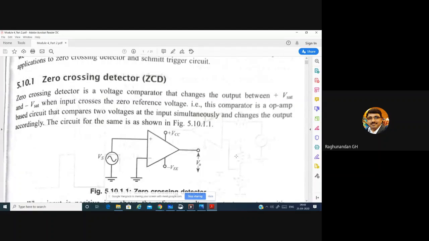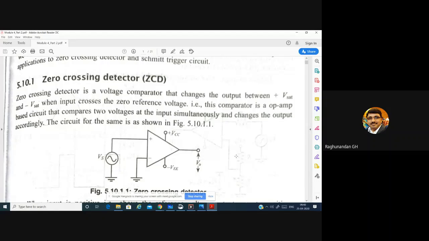During that time, the output will not allow plus 13 to minus 13. Instead, it is going to clip off that extra 1 volt and give the output as plus 12 volt to minus 12. So this is known as the saturable property of an op amp.